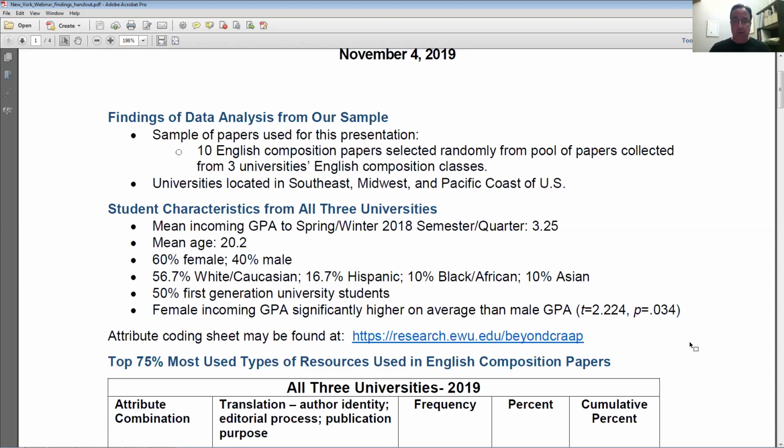Now, you may wonder, why did we choose papers specifically from English composition classes? The main reason is the incredible variety of topics that students can choose to write on for this particular assignment. The topics range from strictly academic to topics of popular culture, focusing on media, personalities, etc. There was no limit on the different types of topics that were written about in these papers.